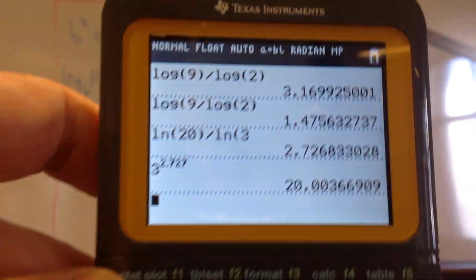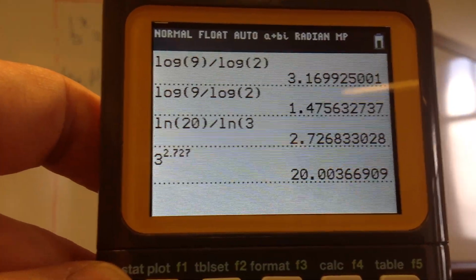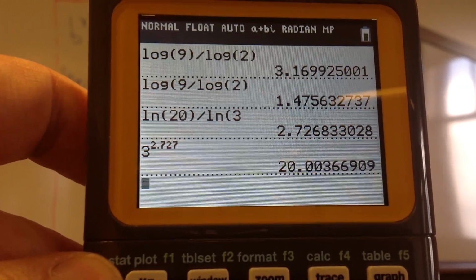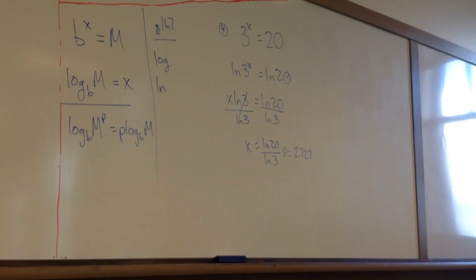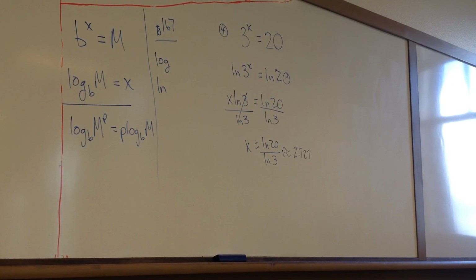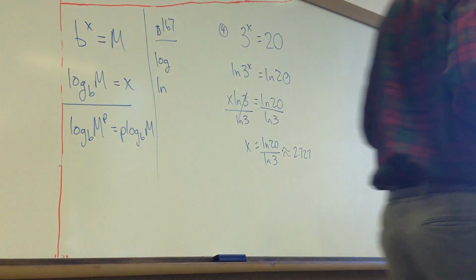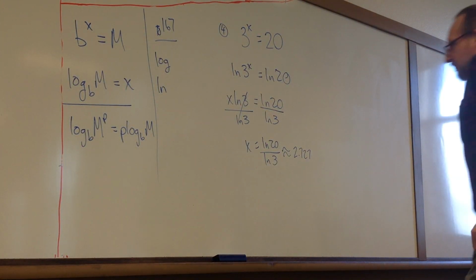And there it is. Hit enter. And it's just about 20. We rounded that answer off, and so when we raise 3 to that power, we get about 20. Okay? All right. So that's problem 4. Let's look at problem 6.